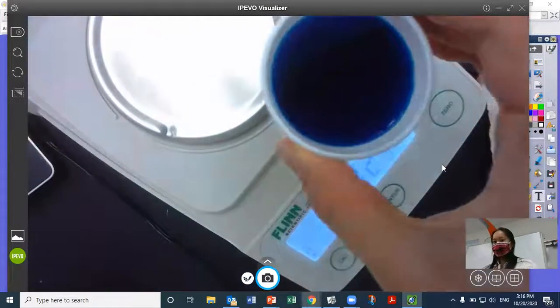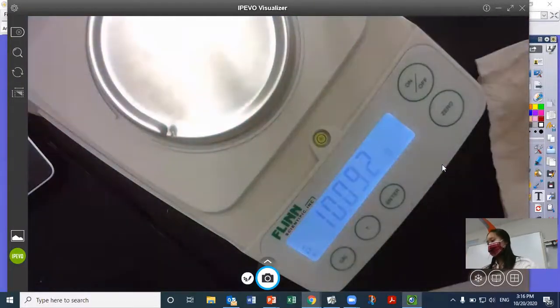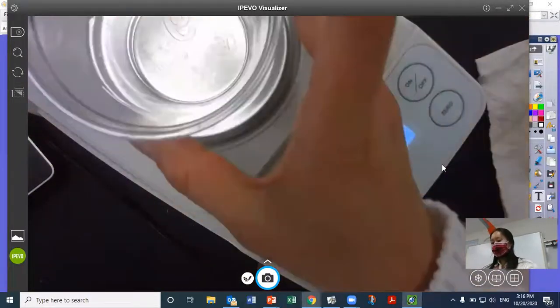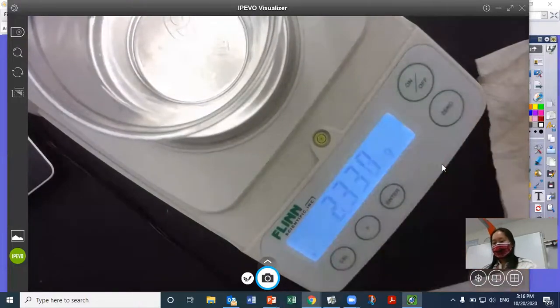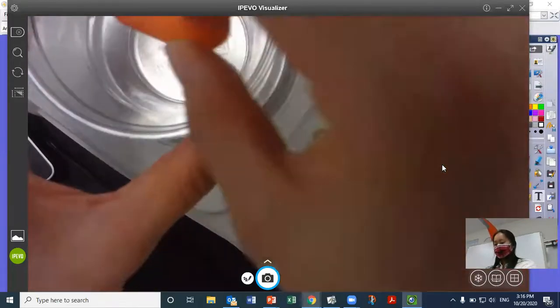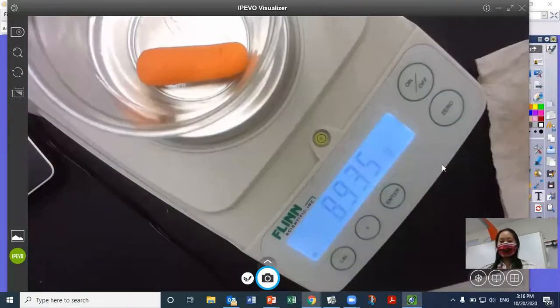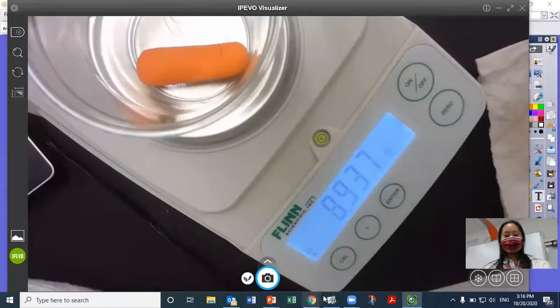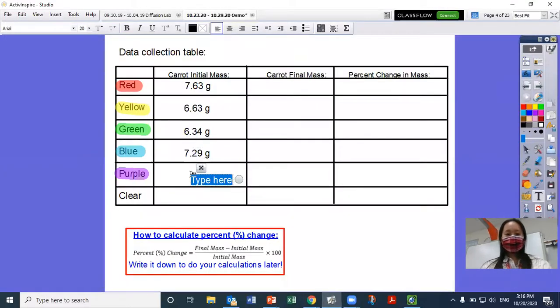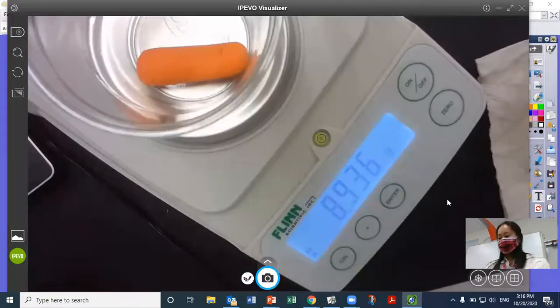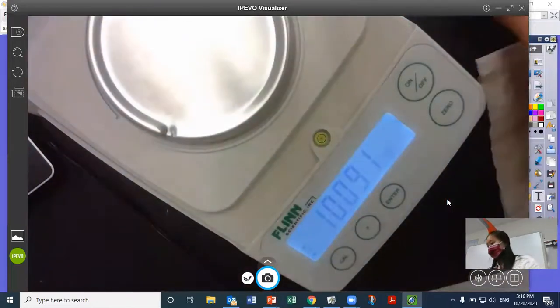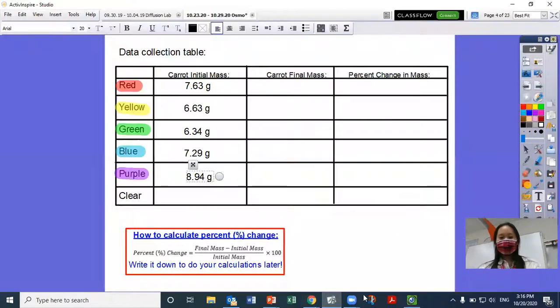Right, even though these solutions are like really heavily tinted, we're not really worrying about the color that the carrot is turning, unlike our last lab. We're just talking about the masses this time. Next carrot. .94. And that one is going into our purple solution.